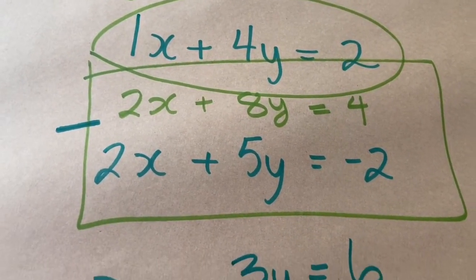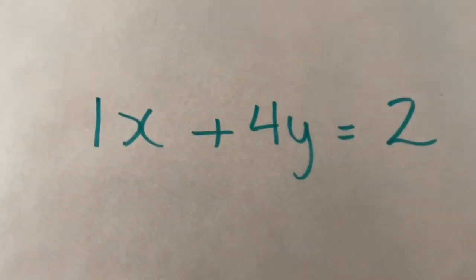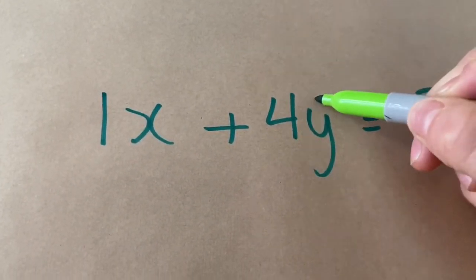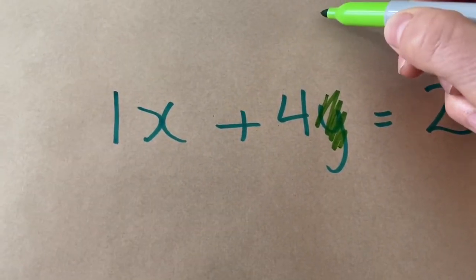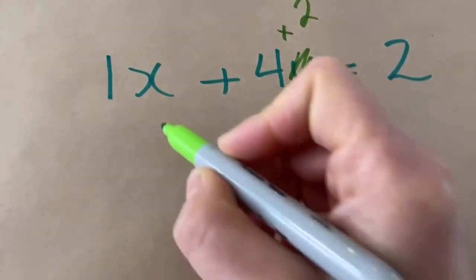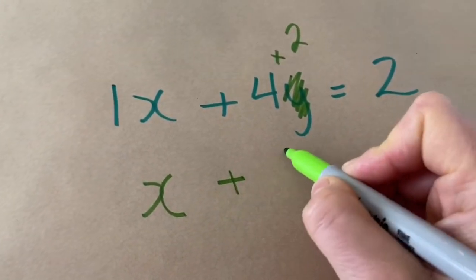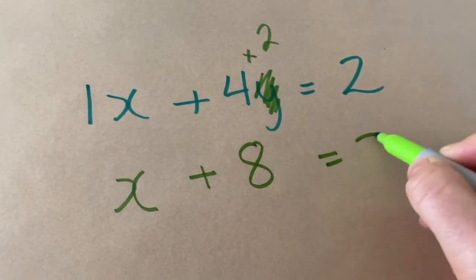I'm going to pick the first one though, and I'm going to take my y is equal to 2 and put it into that equation. So here is the equation. I'm going to cross off the y because I know that the y is equal to 2. These two are right next to each other, so I'm multiplying. So I have 1x, which is just the same as x, plus 8 is equal to 2.